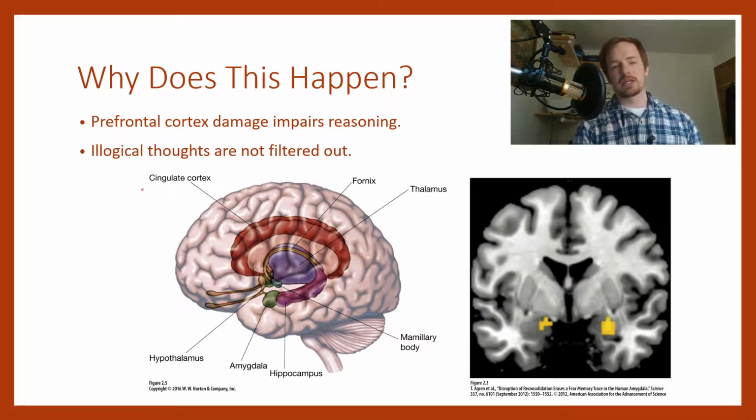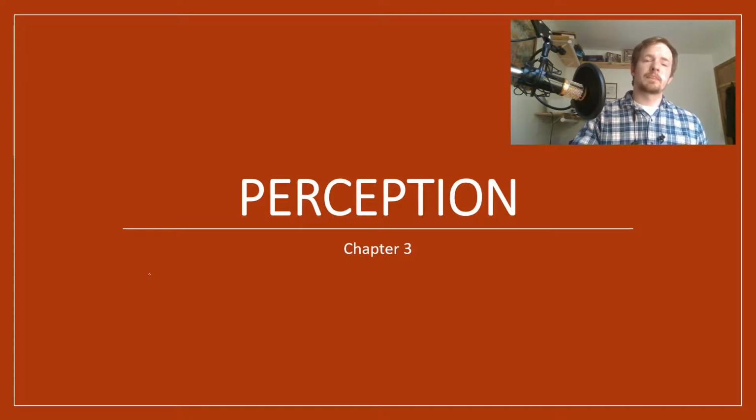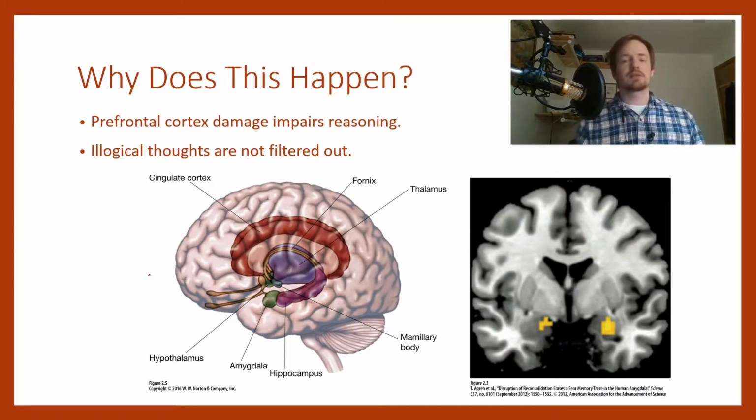Just like with Phineas Gage, who had that severe brain trauma in his prefrontal cortex, people who have damage there are also going to have problems filtering out their illogical thoughts, both out loud and in person. So basically what this tells us is that it's kind of a combination of these two things short-circuiting that are going to lead to the Capgras delusion.